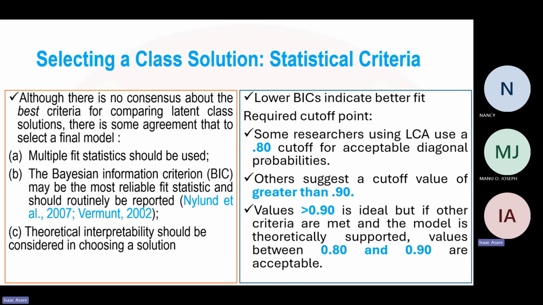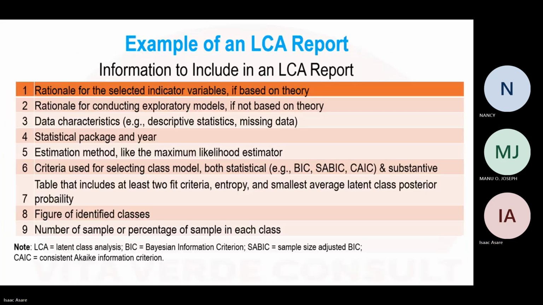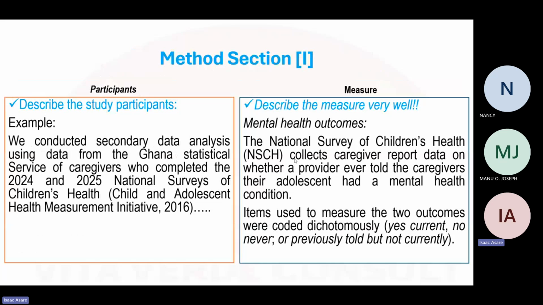Some researchers have proposed 0.8 as a cutoff point, some 0.9. Depending on where you are getting your references, you can cite such information. There are many others. How to report the result, I talked about it. This is a sample of how you can do the reporting and so on.